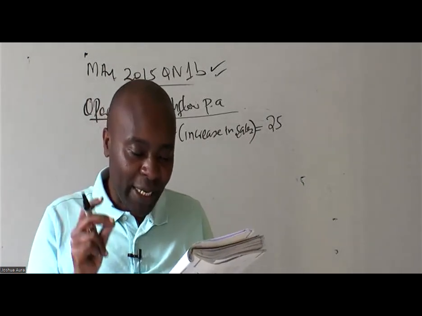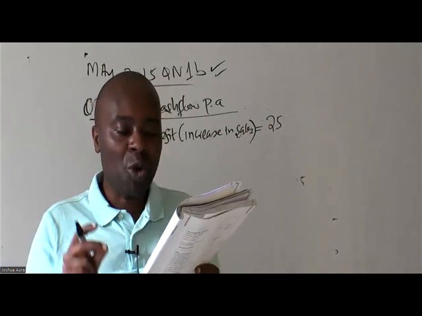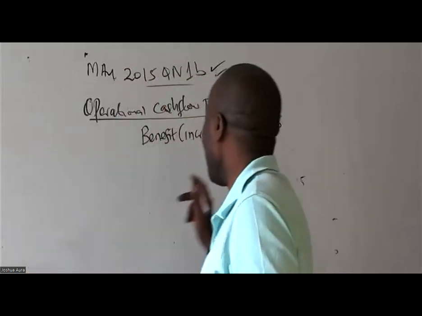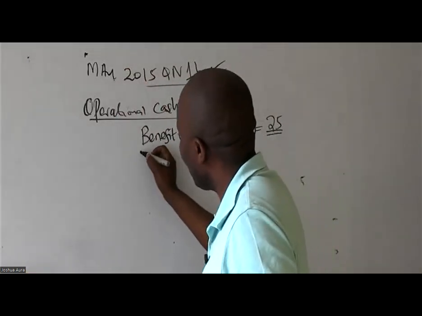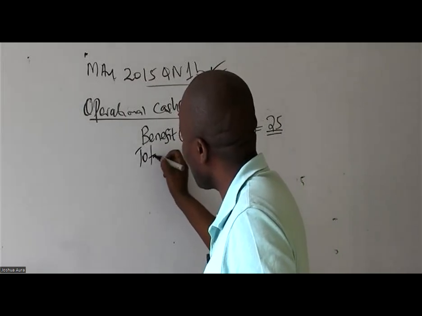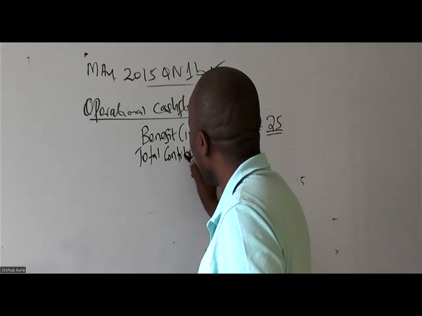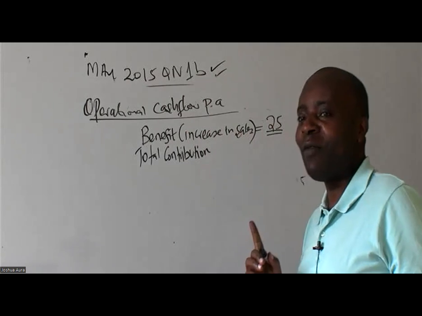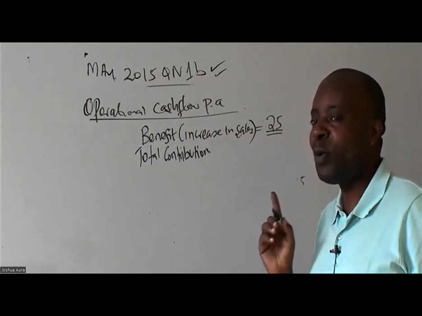And then in paragraph number 3, they have given us the contribution margin. Whenever I'm given the contribution margin, I should use it to get the total contribution expected by bringing in this new machine. They have given me a contribution margin of 40%. Who can tell me what I am going to do to get the total contribution?